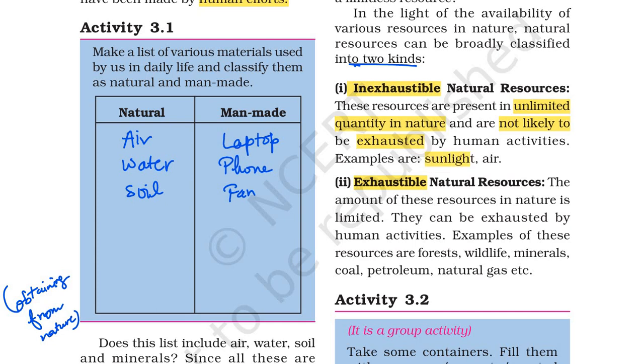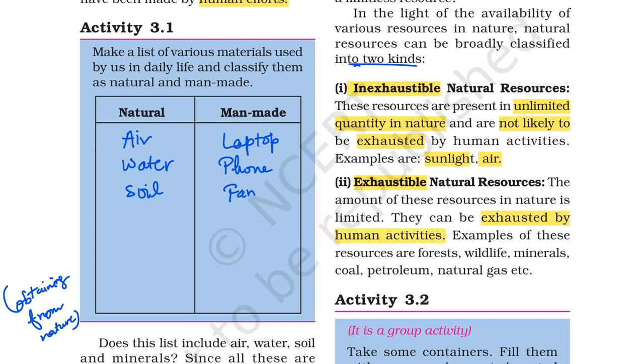They can be sunlight, they can be air. If you talk about the exhaustible one, that would be exhausted by human activities.